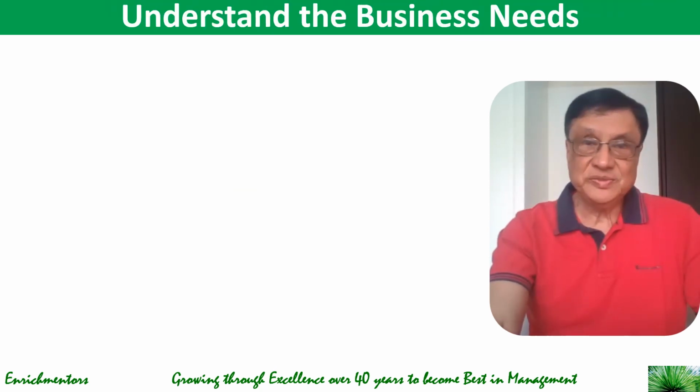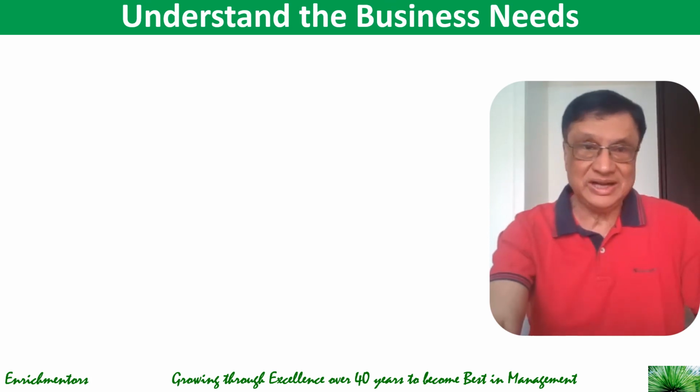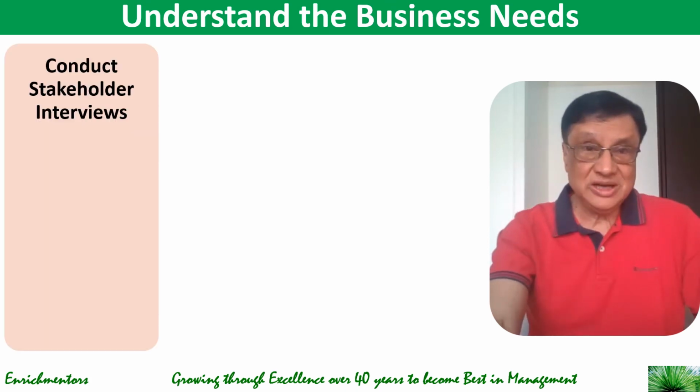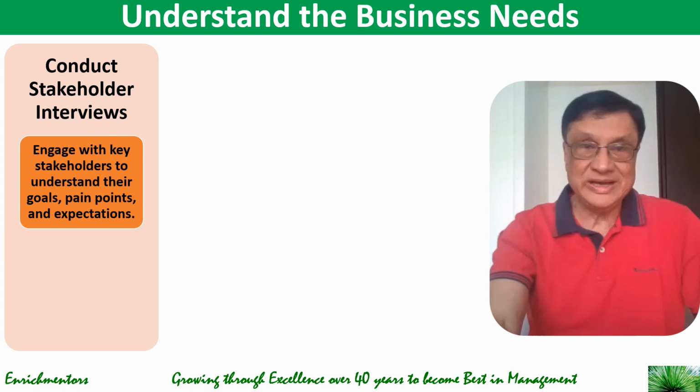The first thing, as we saw in the first set of lectures in section 1, was to understand the business needs, and we covered that in a lot of detail. Let's quickly summarize that here, because that is the starting point of defining requirements, right? So you need to start by conducting stakeholder interviews, where you engage with key stakeholders to understand their goals, pain points, and expectations.